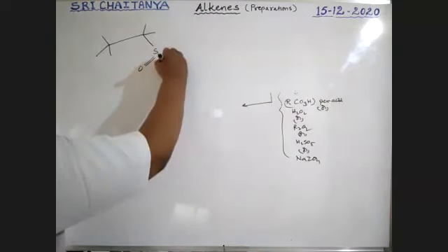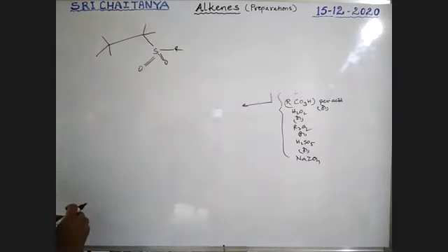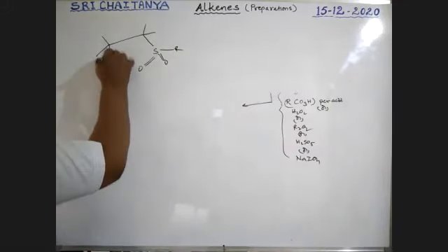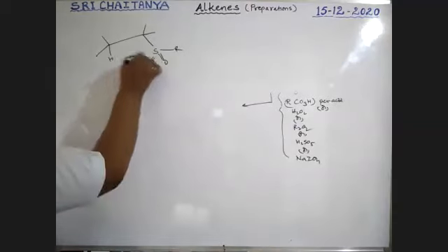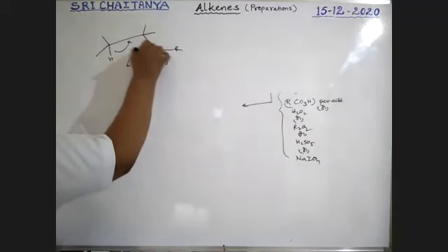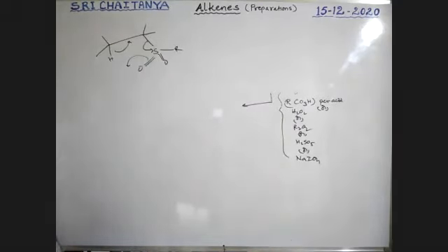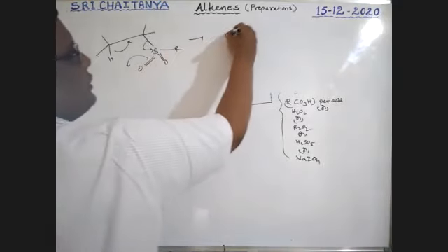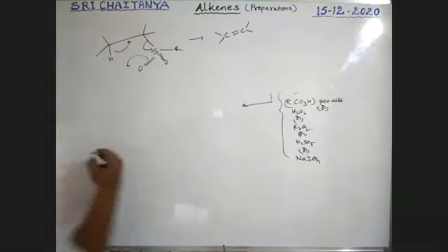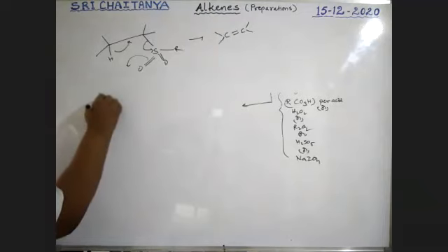Sulfur with double bond O is also used. Okay. So this is hydrogen. So this pi bond is here, this pi bond is here. That gives alkene, just like Cope elimination.